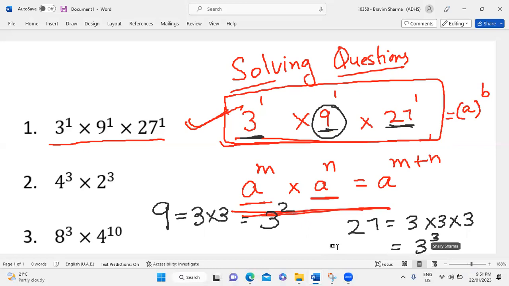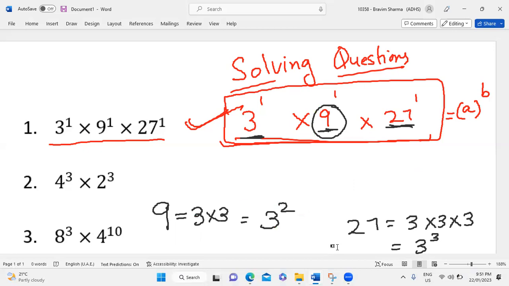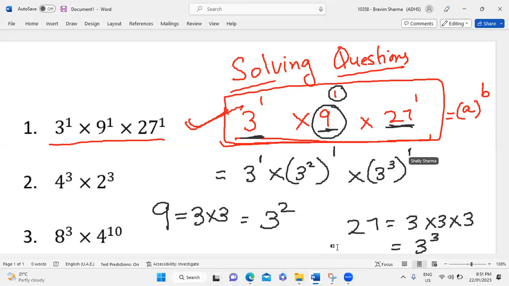So as I see, now it is going to be very simple for me. I would change the bases 9 and 27 into powers of 3. So it is 3 to the power of 1 times 3 to the power of 2 and whole raised to the power 1, times 3 to the power of 3 and whole raised to the power 1.